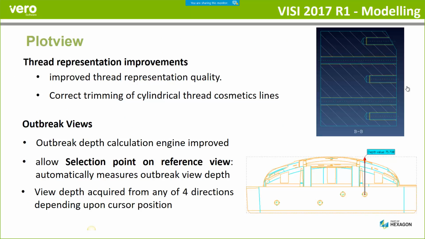Just to point out really that within the plot view, also the thread representation, we didn't achieve the best results, especially if you were using the feature manager to put a feature in, especially if you're putting it in on a cylindrical or like a chamfered face.